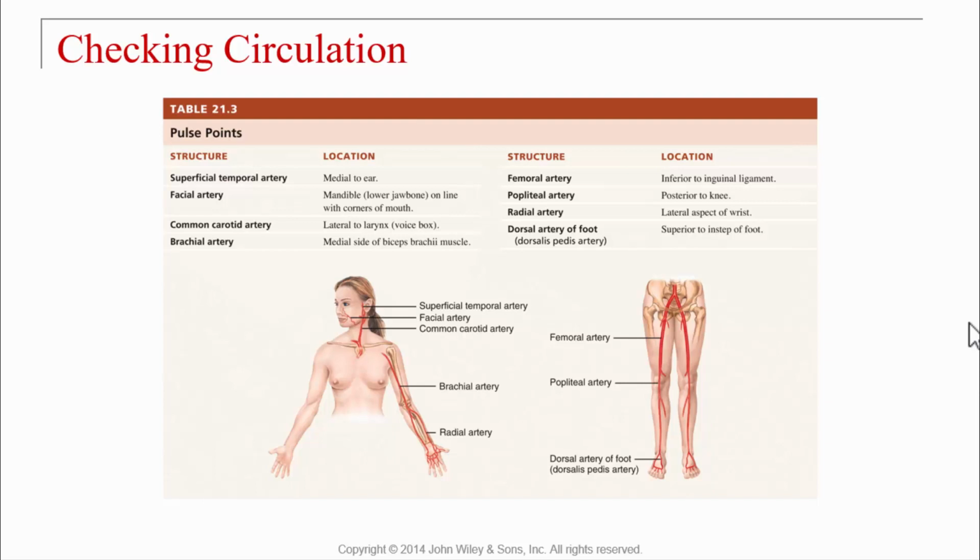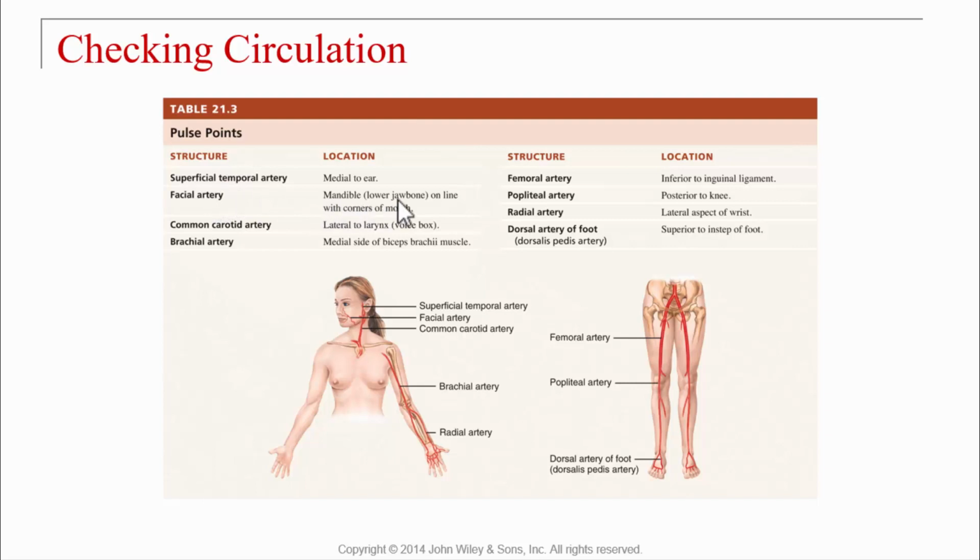Now, checking circulation, one thing that we want to do is oftentimes check pulses. And there are a lot of different places we can check a pulse. We can check the superficial temporal artery right here along the side of the head, so it's medial to the ear. Let's see, we have the facial artery.